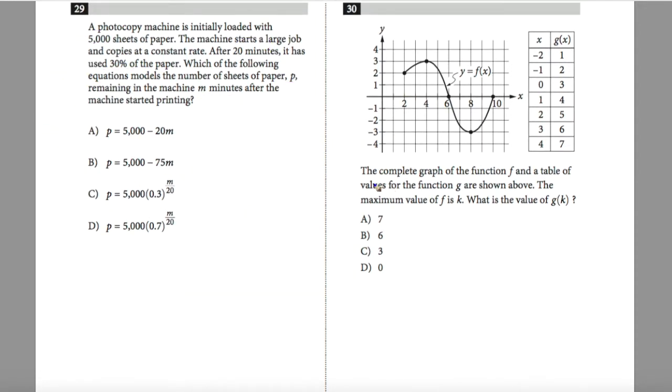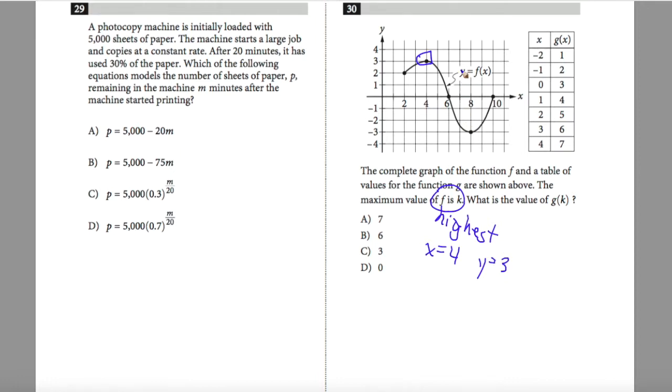For question 30, the complete graph of the function f and the table of values for the function g are shown above. The maximum value of f is k, meaning that this is the highest point that I have on the graph. And my highest point is here. So I see that my x equals 4 and my y equals 3.